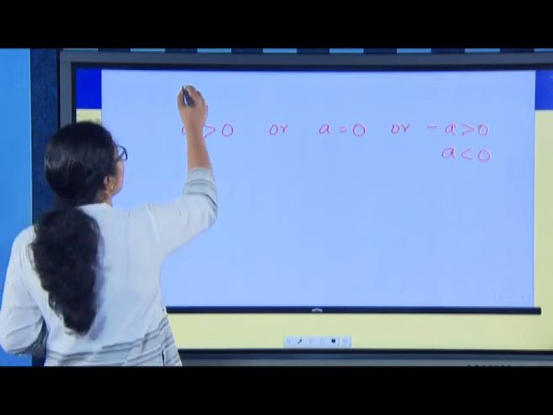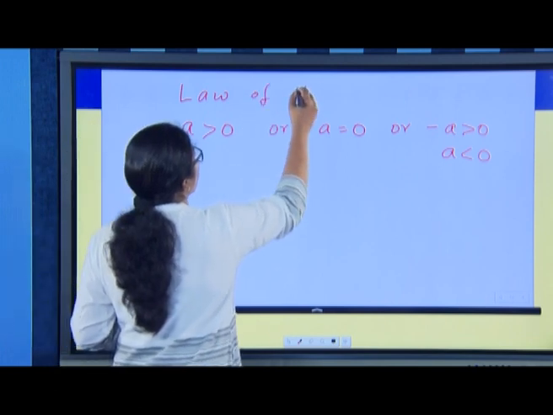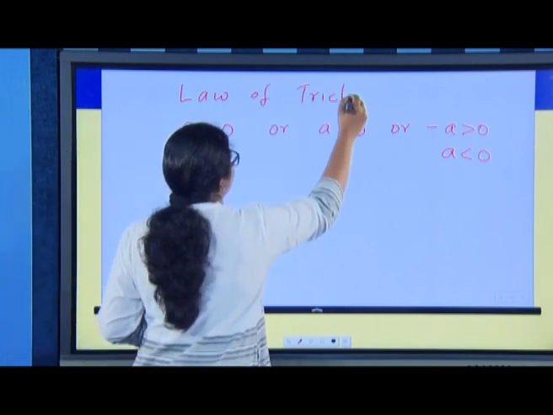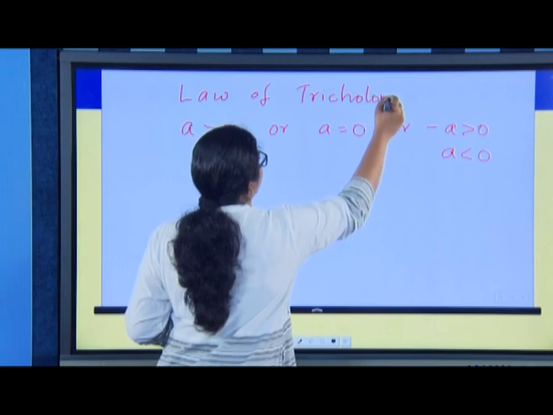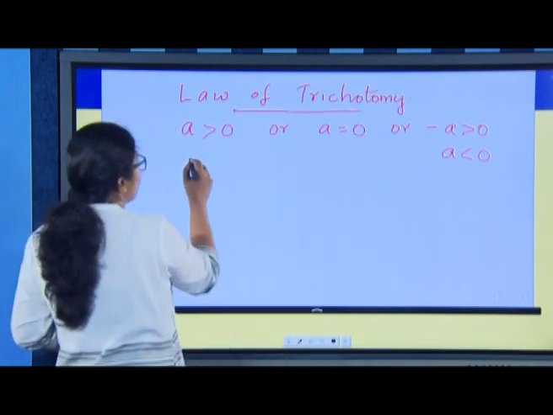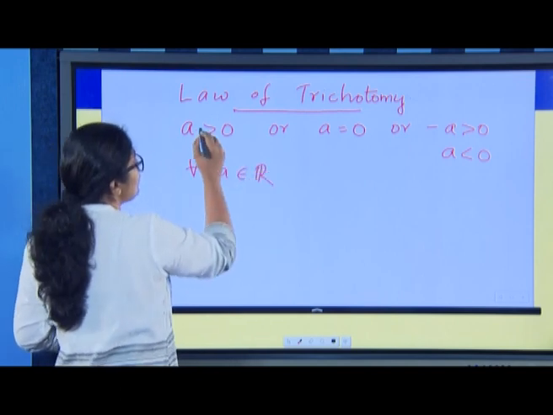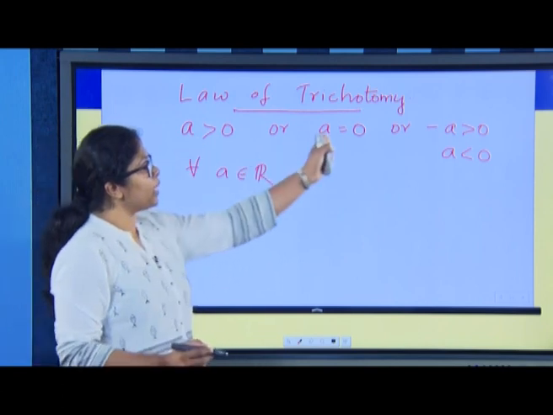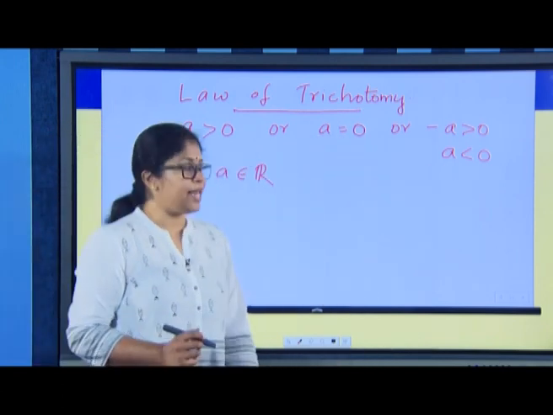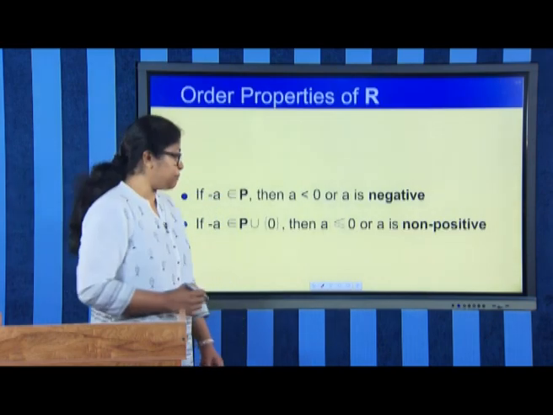So, this is the law of trichotomy in a more mathematical way. For every real number A belonging to R, either A is greater than 0, or A equals 0, or A is less than 0. So, this is a very important law that you have to keep in mind.